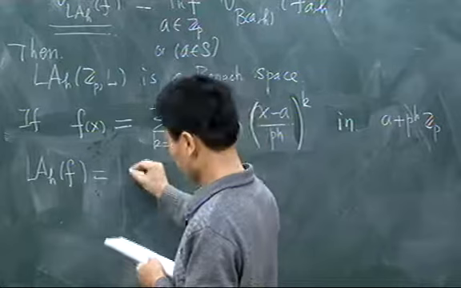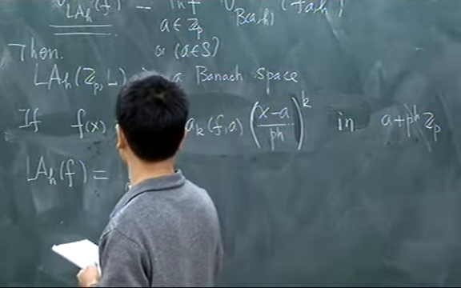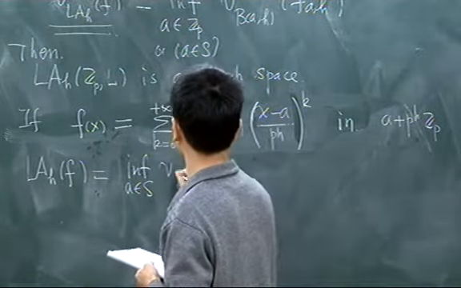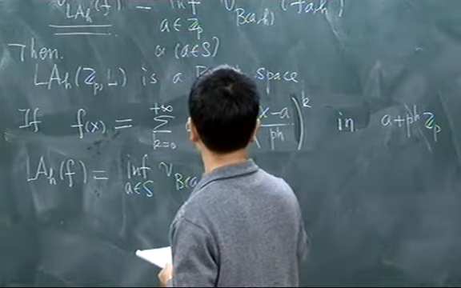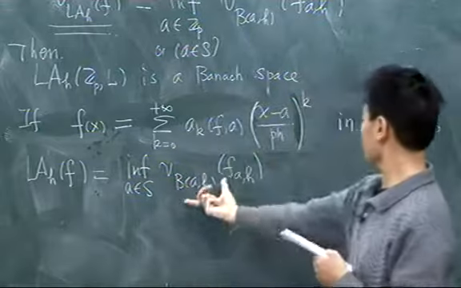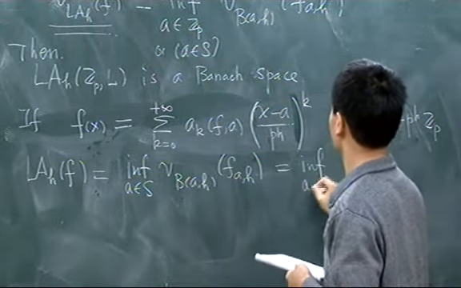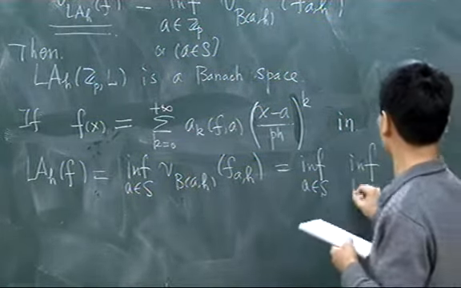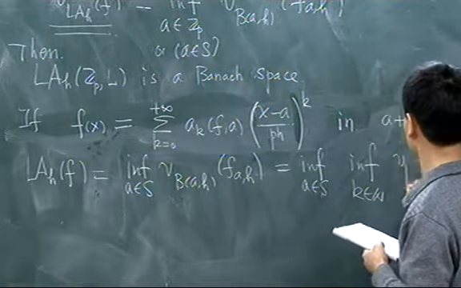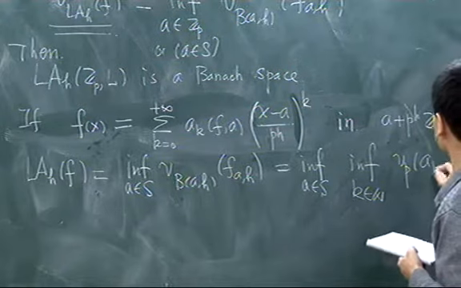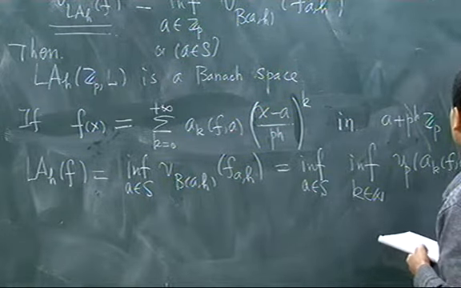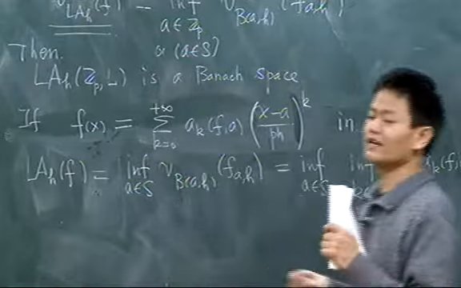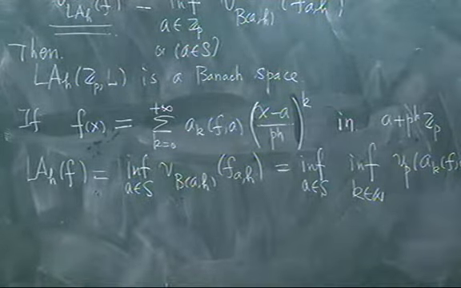First, you take a contained in S, the norm on B_{a,h} of f_{a,h}, but this is nothing but, in the middle, the infimum over k contained in N of v_p(a_k(f, a)), because we already divided by p^h, so you don't need to add k times h.